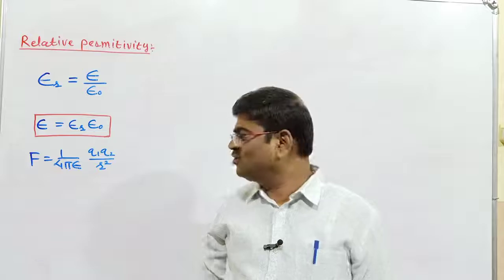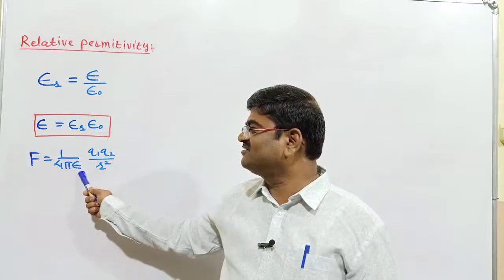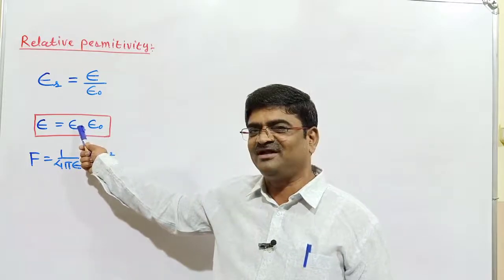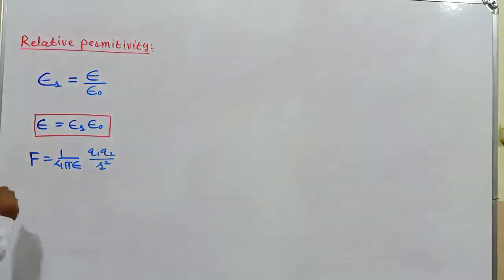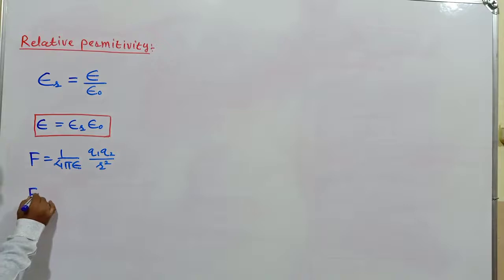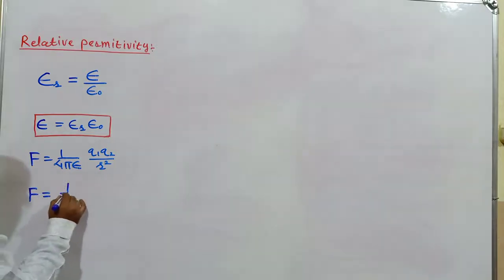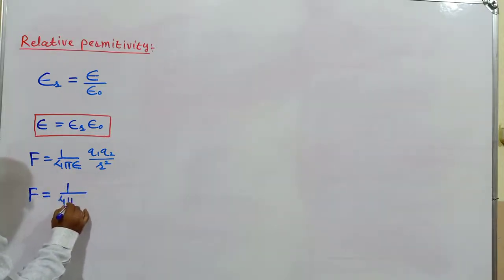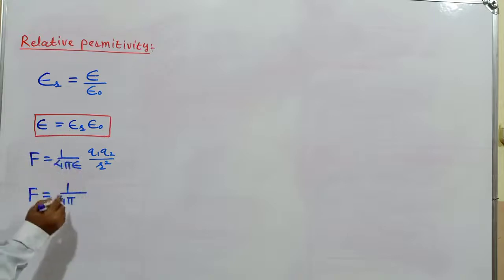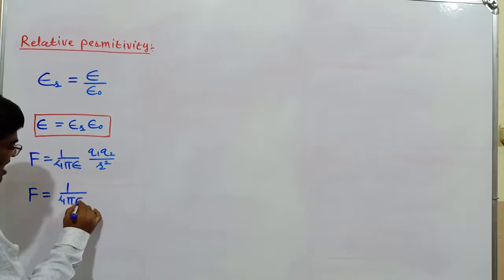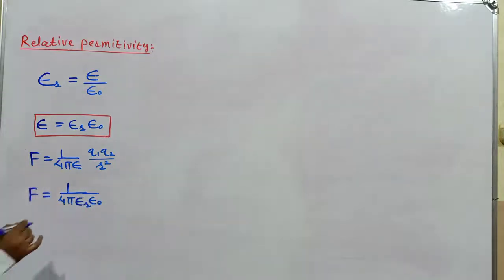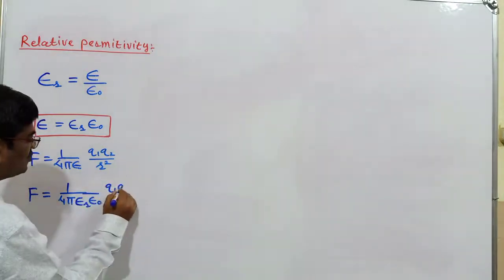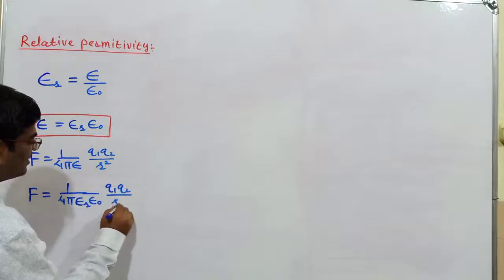This permittivity I will write in terms of relative permittivity and absolute permittivity, and my equation will become F equal to 1 upon 4 pi epsilon R, relative permittivity, into epsilon naught, Q1 Q2 divided by R square.